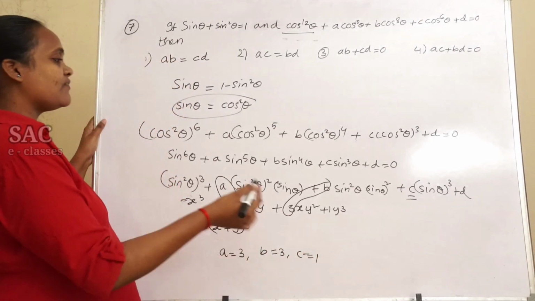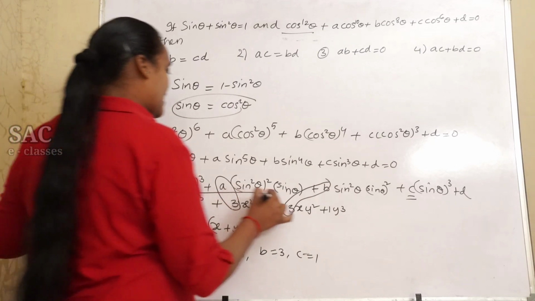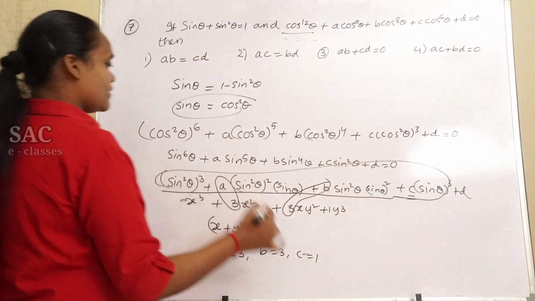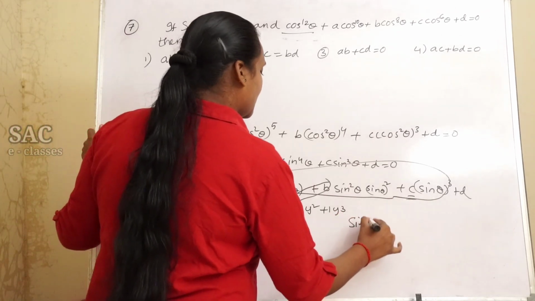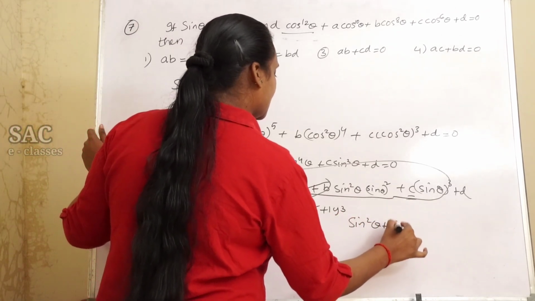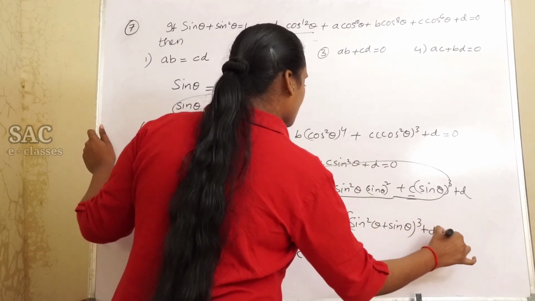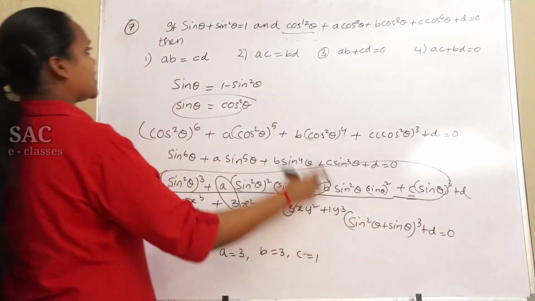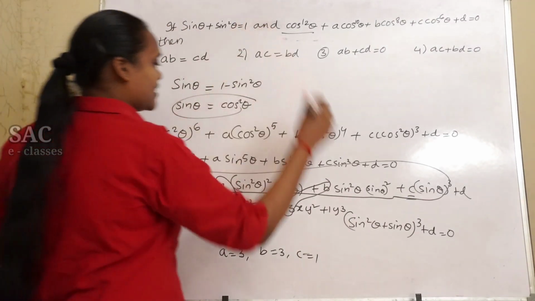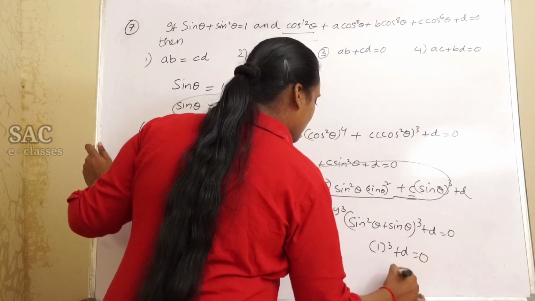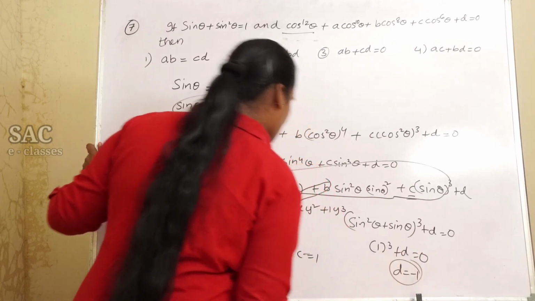Then what about the d value? This entire expression can be expressed as (sin square theta plus sin theta) whole cube plus d equal to 0. We already know that sin square theta plus sin theta is 1. So 1 cube plus d equal to 0, where d value is minus 1.